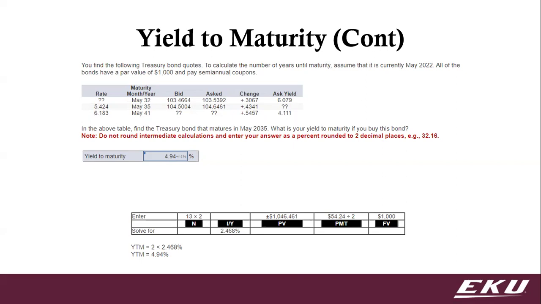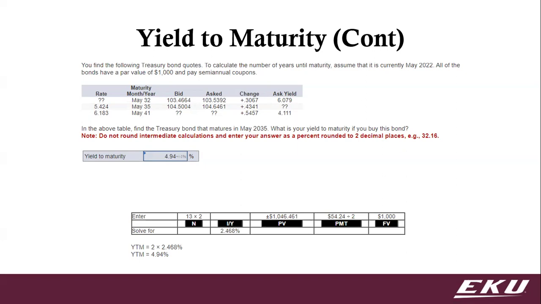And the payment, let's see. The rate. So you see the rate is 5.424, right? So you'll multiply that by 1,000, right? And then, well, that's a percentage, right? And then you're going to divide that by 2, right?